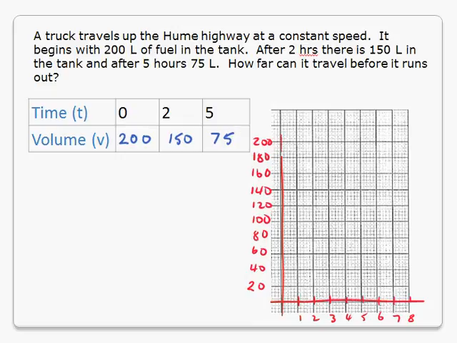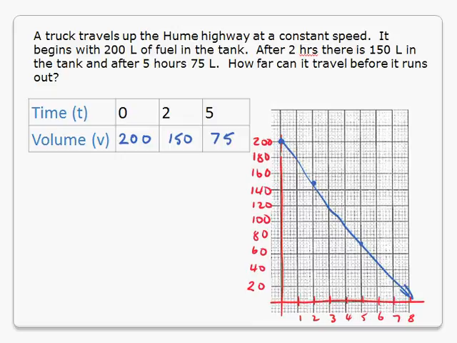So I wanted to plot that on the graph. 200, now 2 hours is 150, somewhere around there. 5 hours is 75, somewhere like that. Now if I wanted to then take my ruler, which I don't have, but rule a nice straight line as much as I can, it's going to head down somewhere in that direction, but I can't be completely sure.